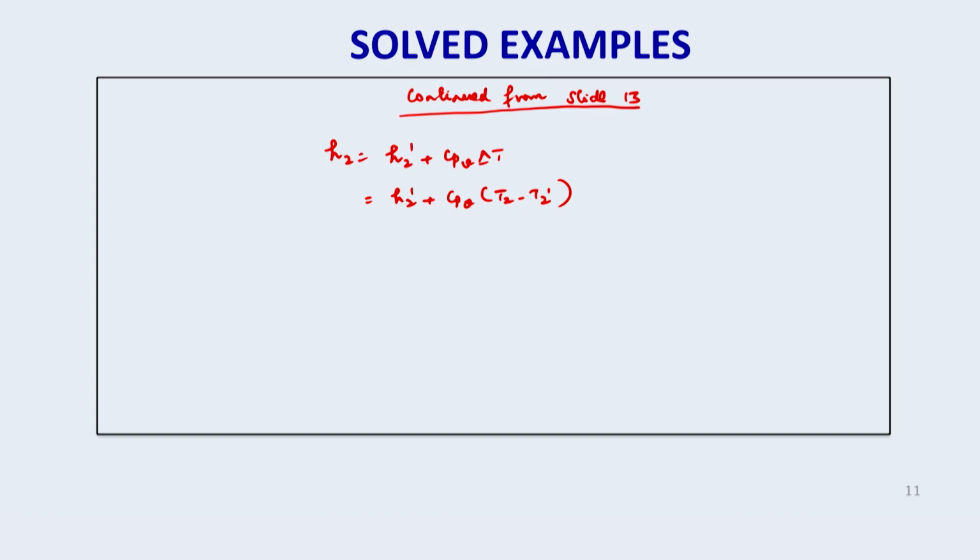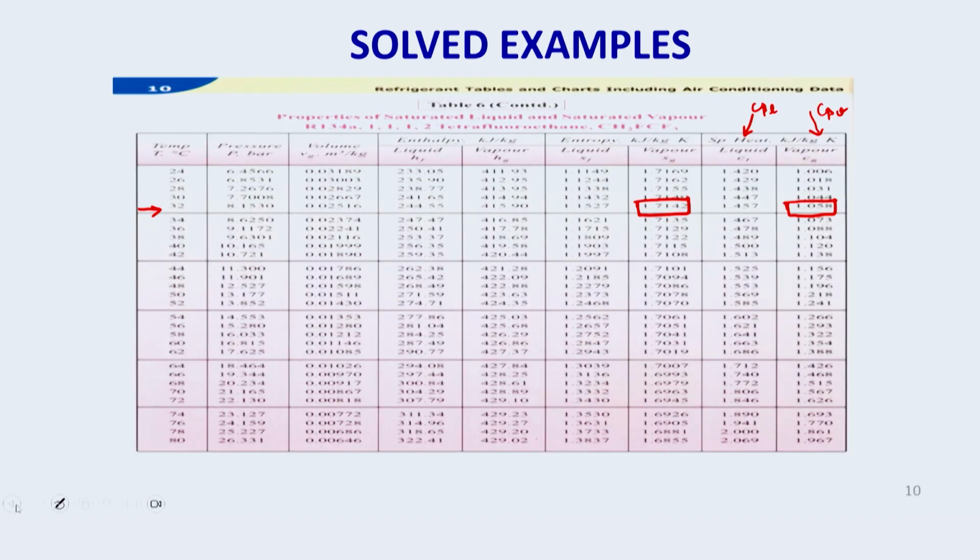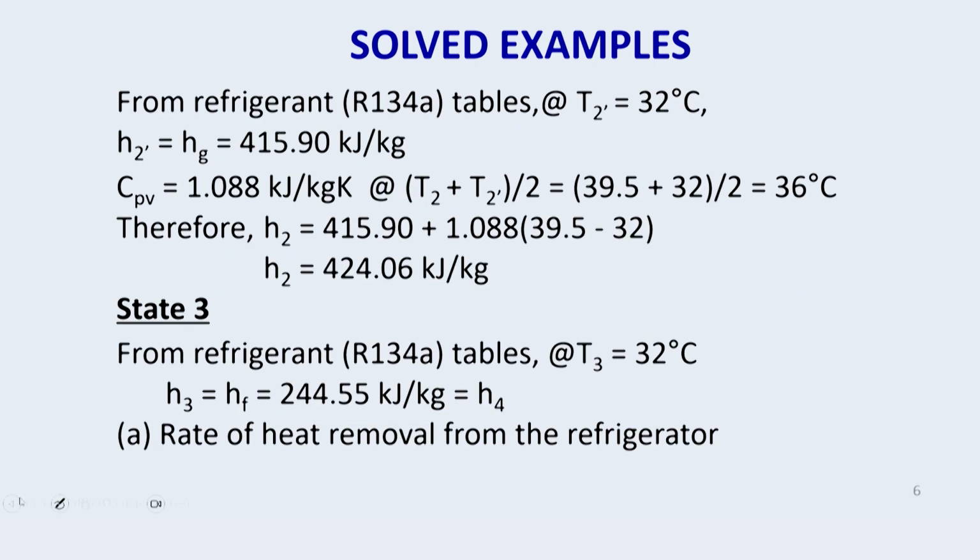Now here, since we know the value of T2, for the Cp value I will take the average of T2 and T2 dash, where Cp of vapor is at the average of T2 plus T2 dash by 2. Sorry, first let us find the average of the temperature.